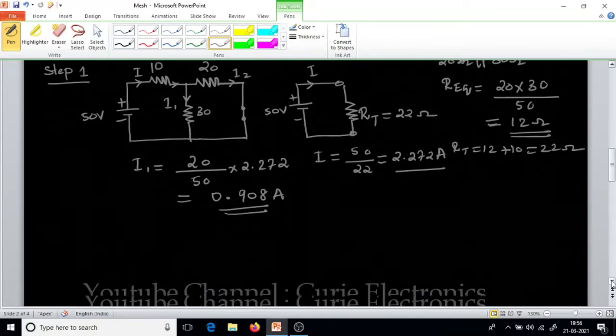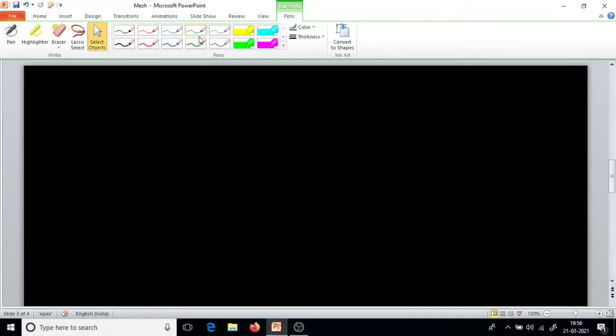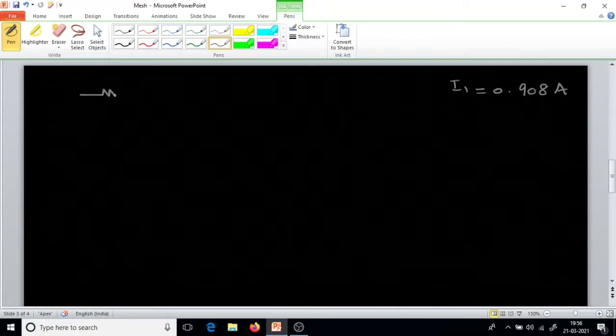Now we'll go to the next page. I1 we got, I will write it here: the I1 value due to the 50 volt source is 0.908 amps. Now I will deactivate the 50 volt source and calculate the current through the 30 ohm resistor. Now I'll draw the circuit.